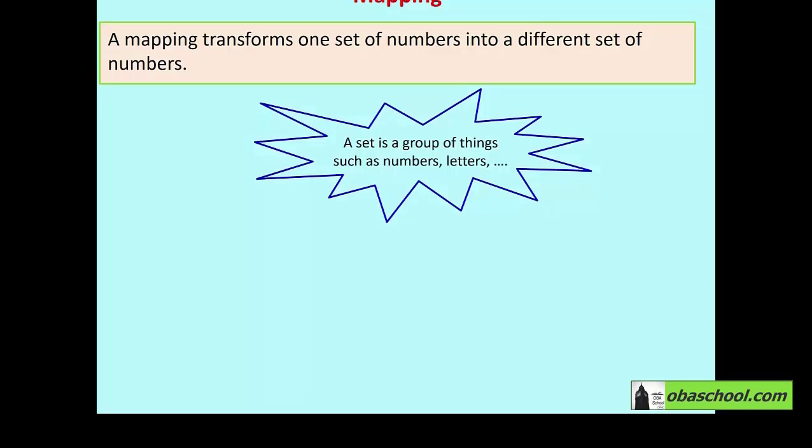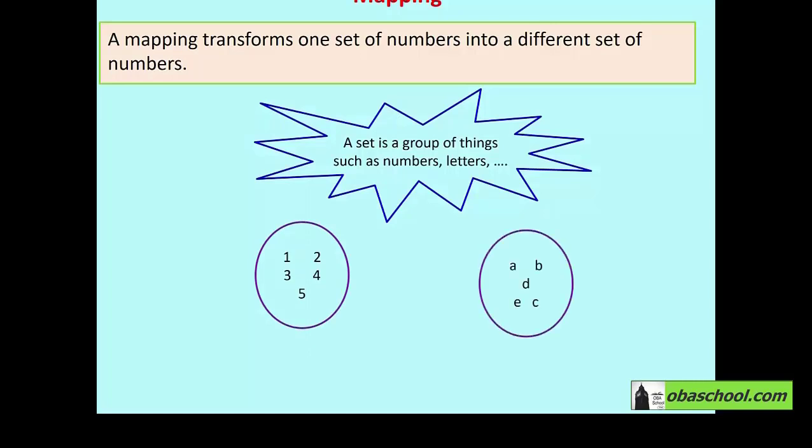For example, this is a set of a group of numbers, and this is a set of a group of letters. Now, what is the symbol of the set? The first set is a group of numbers from 1 to 5. So how do we write this set?